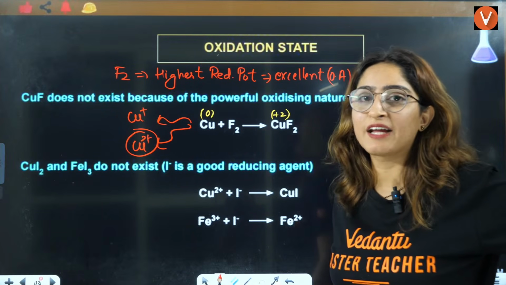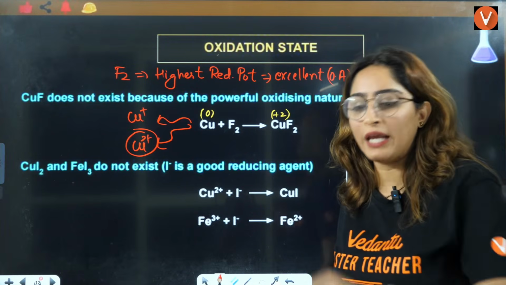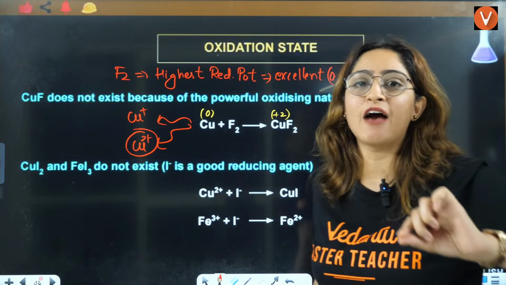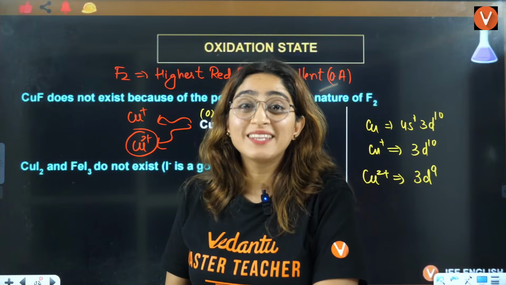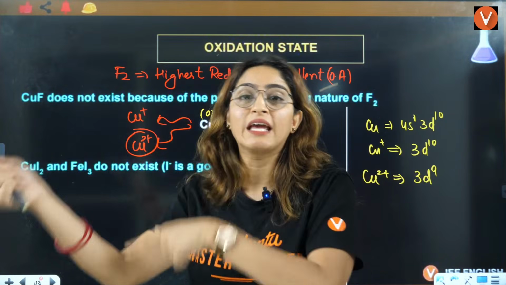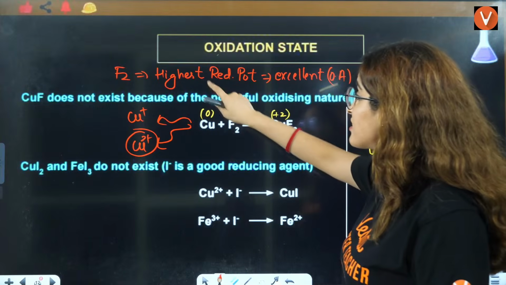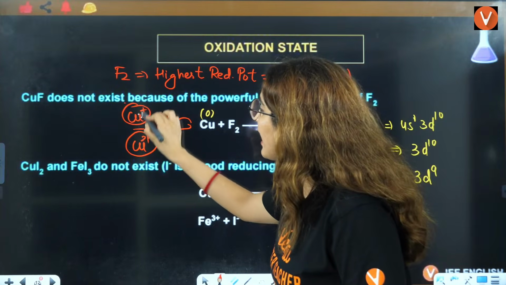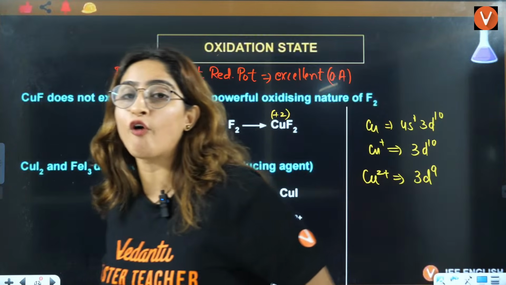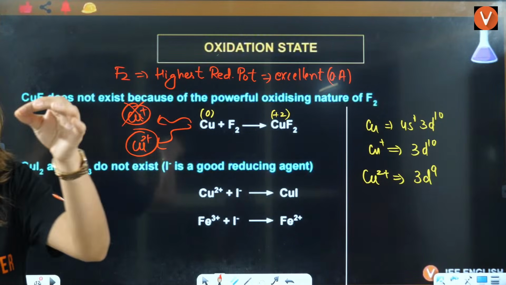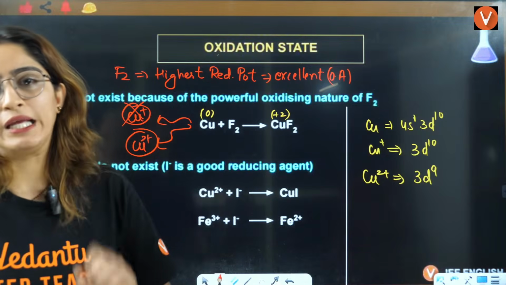I showed you in electrochemistry: at the top there was fluorine, and lithium had a negative reduction potential. That's why lithium was a very good reducing agent and fluorine a very good oxidizing agent. That's why he said, no copper positive, I'll convert you into copper 2 positive because of the very good oxidizing power of fluorine.